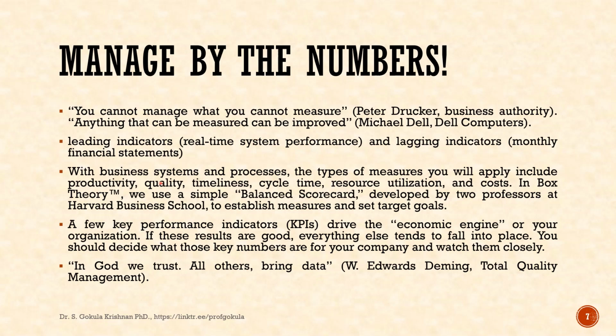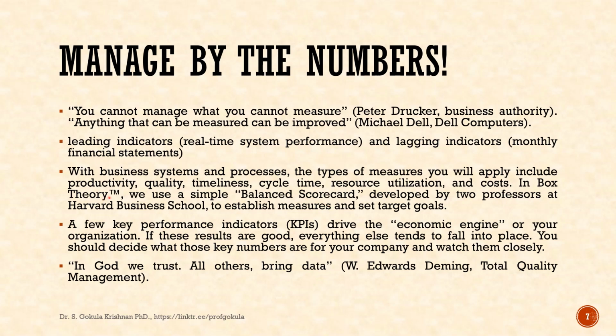There are leading indicators, which we call real-time system performance, and lagging indicators. Real-time system performance stands for the day-to-day activities in terms of production, marketing, sales, revenue, credit sales, and so on. We will discuss that in the next slides. Then you need to understand what type of measures you need to apply.